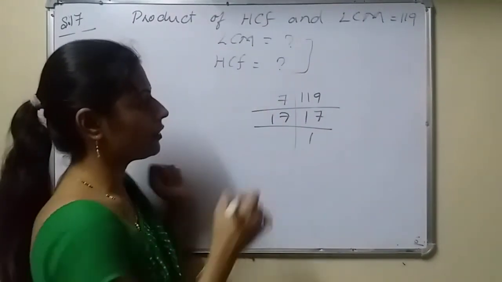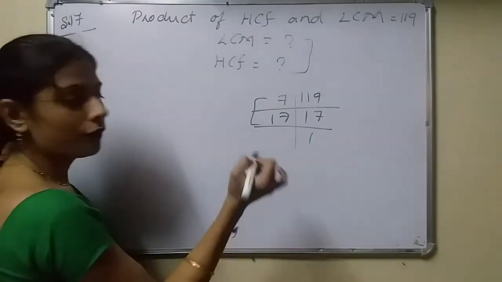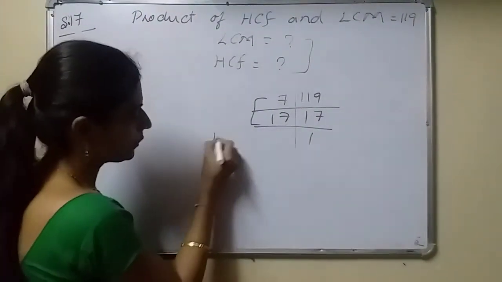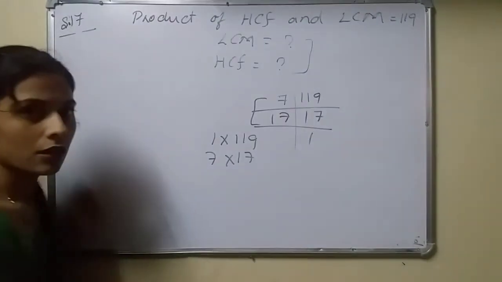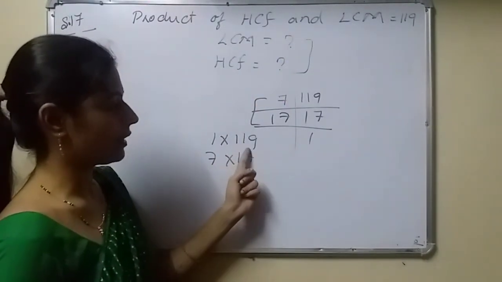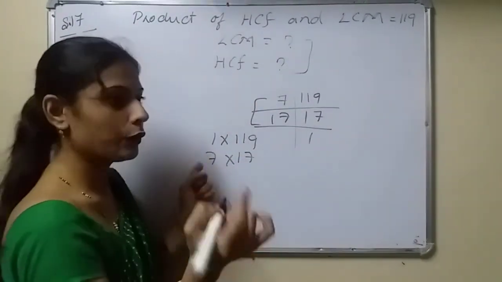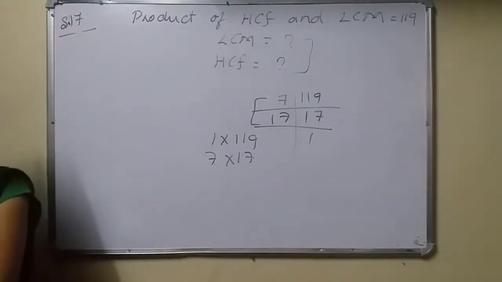Which are the two factors you got here? 7 into 17. And one more factor: 1 into 119 and 7 into 17. So you cannot take 1 and 119 for LCM and HCF. You have to find out the two factors, means 7 into 17 is the factor.